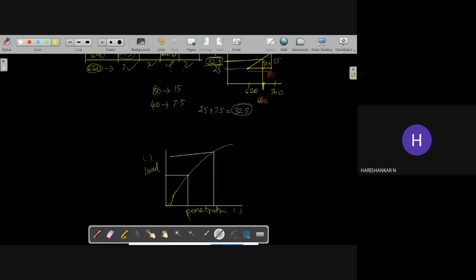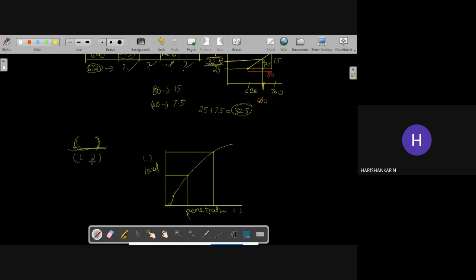And you will have an equation. That means the load corresponding to 2.5 mm using the soil sample obtained from the subgrade, divided by the same load obtained for a penetration of 2.5 mm if you are using a standard subgrade soil.